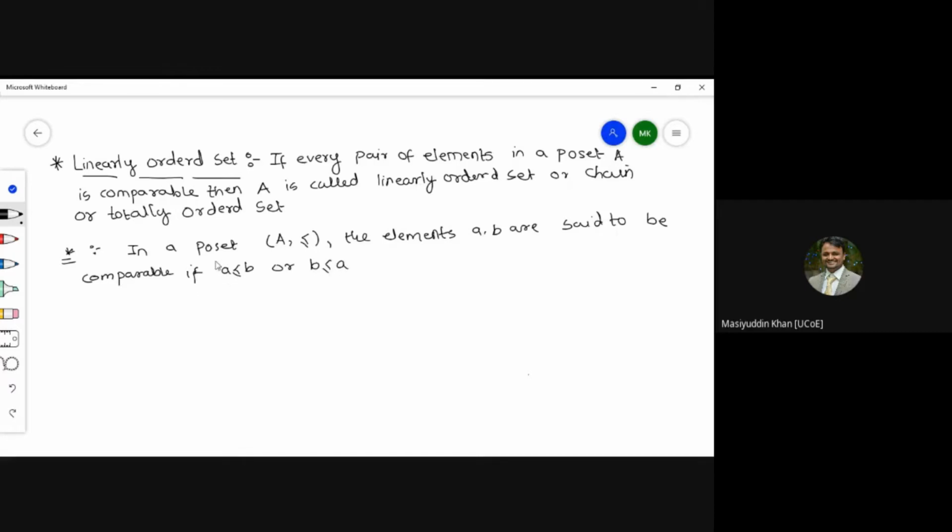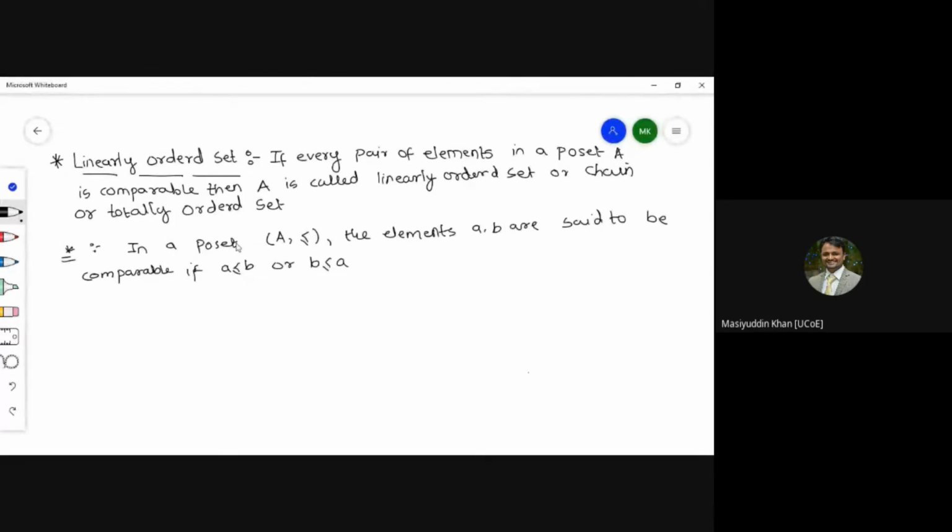Such things are known as comparable in a poset or partial ordered set. Always remember one thing: in a partial ordered set, every pair of elements need not be comparable. So always remember this.